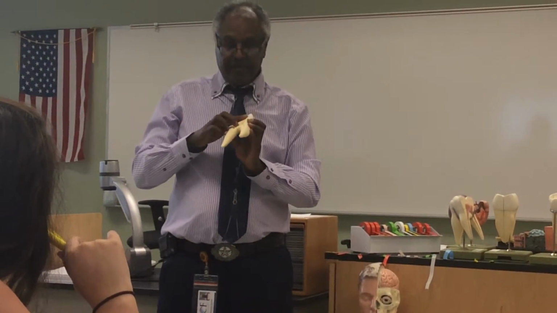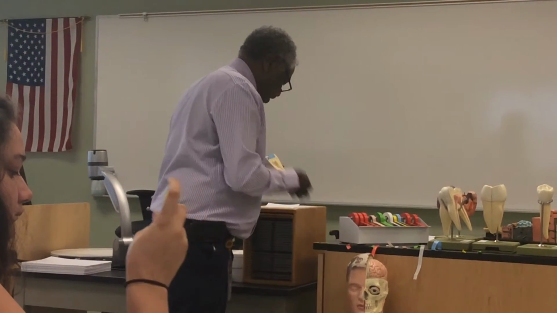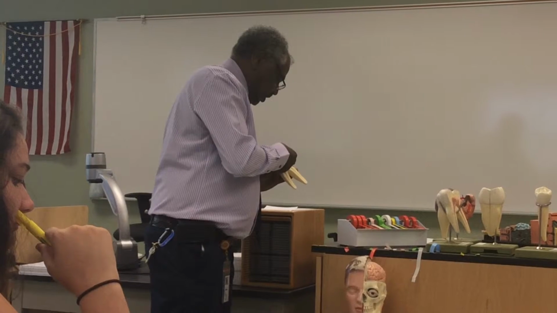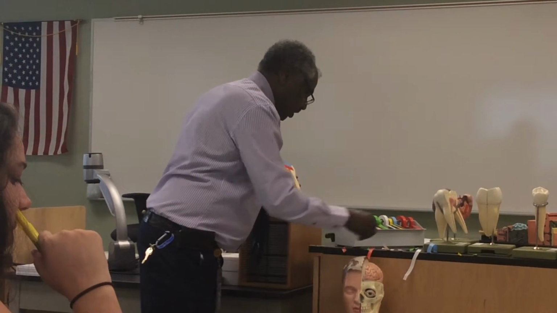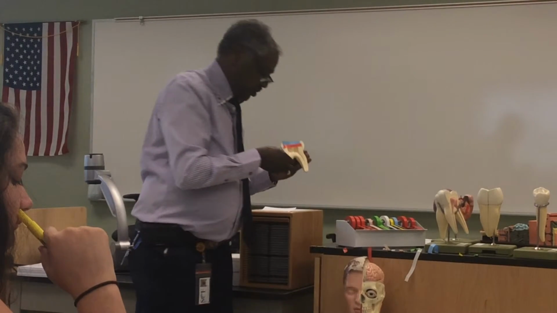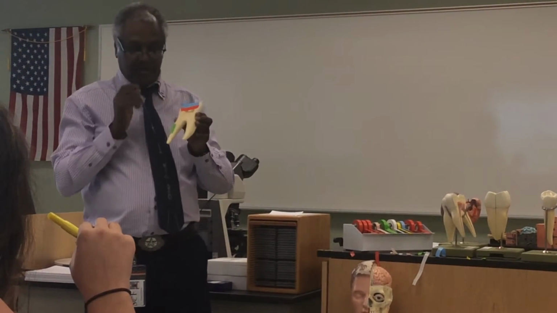This is the enamel. Right here, this is the dentin. And right along down here is the cementum. There's no pulp right here.